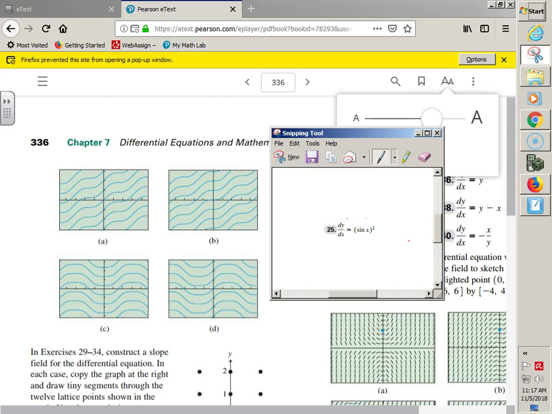Okay, so for number 25, we know automatically not C or D because it never goes negative.